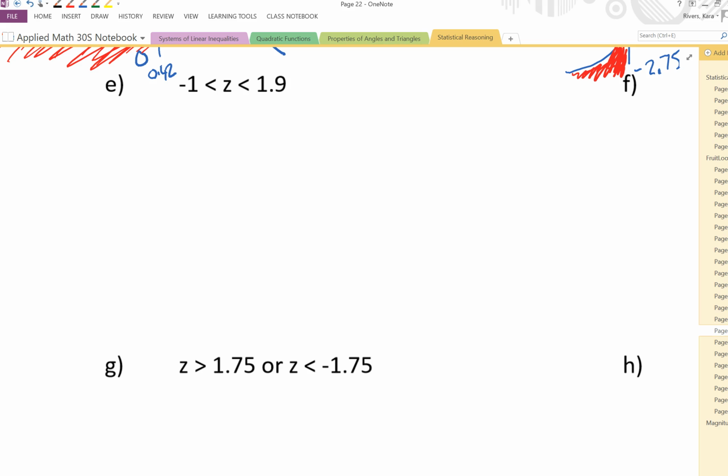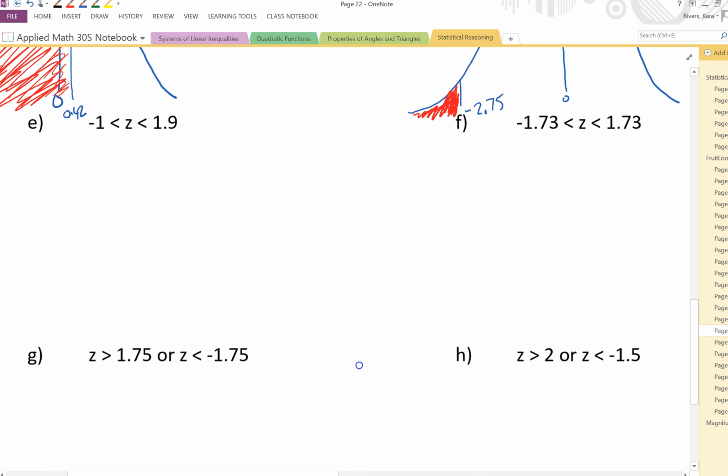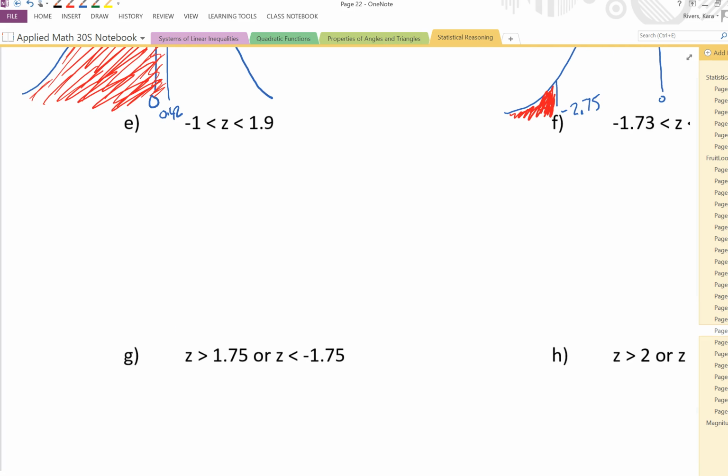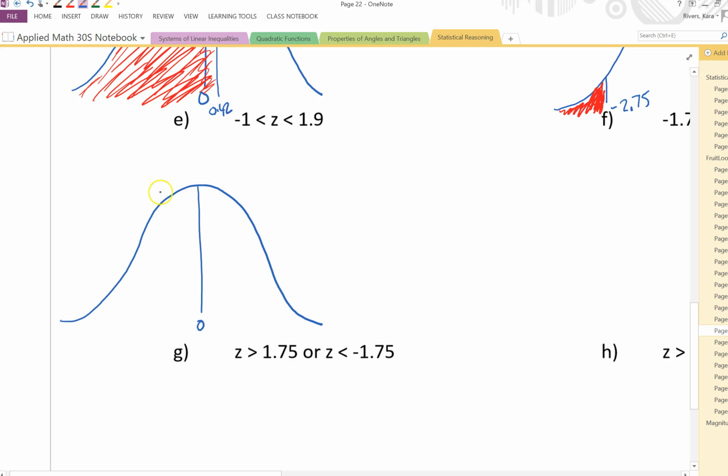Now you can look at E, F, and G, and they're all a little bit different because you're not only given just a z-score above and a z-score below, but in E, for example, you have 2 values. So what exactly does that mean? Let's try to draw the picture first. If I draw my normal curve here, it says the z-score is between negative 1, so if this is 0, this is negative 1, and 1.9.